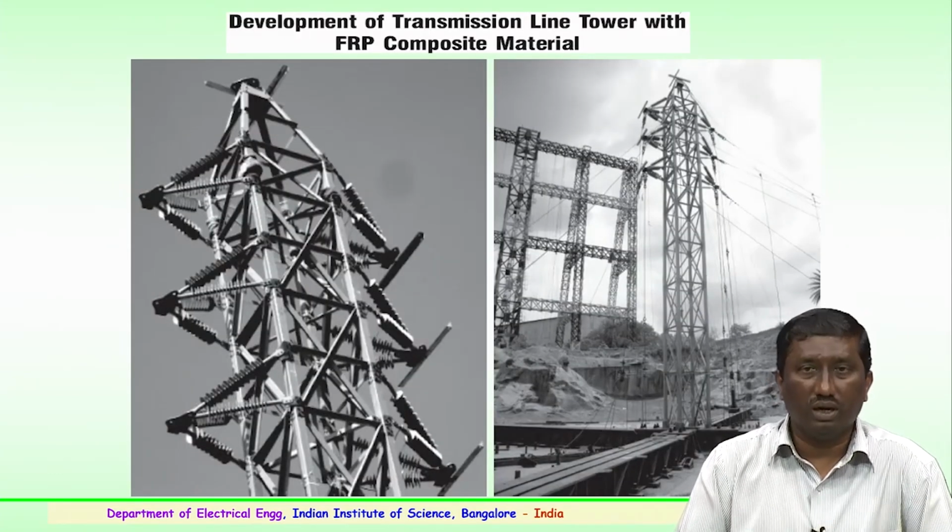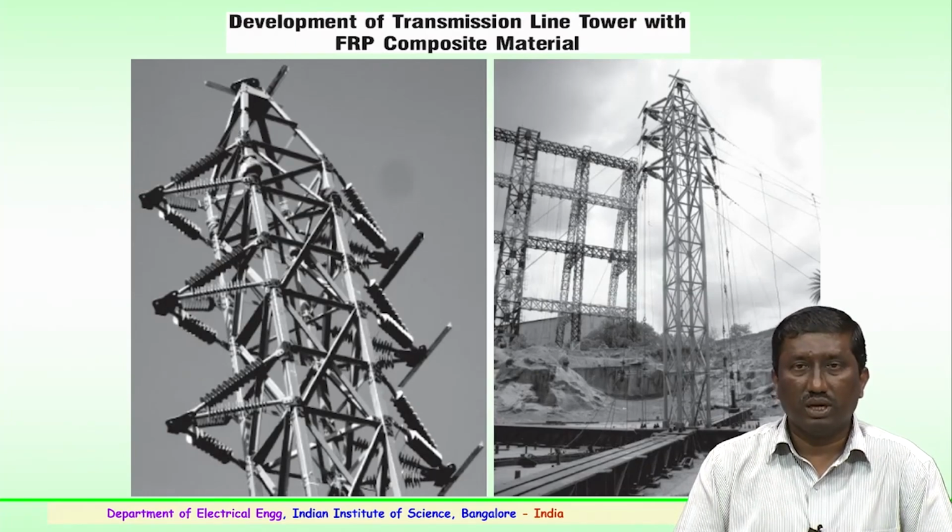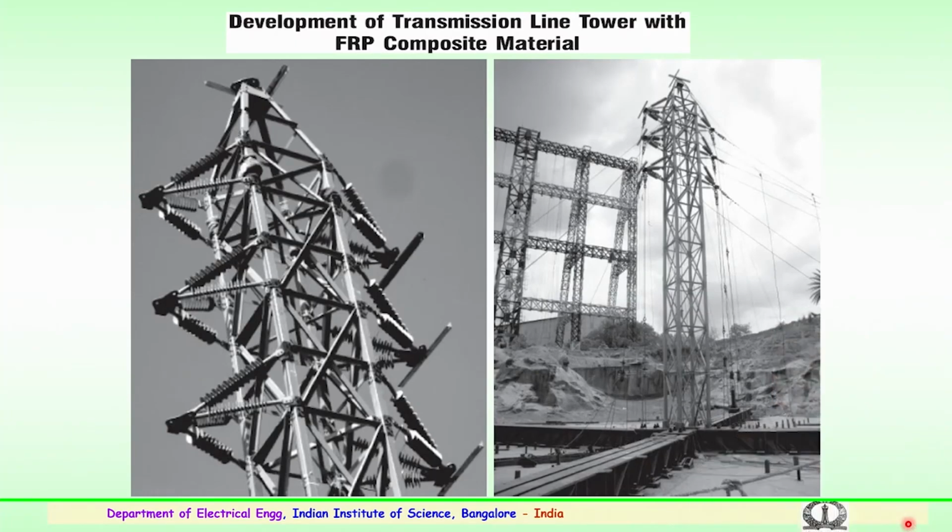So, some developmental aspects, particularly for transmission line towers. A lot of changes are happening, and a lot of research activity is being conducted to bring down the mechanical strength requirement and steel structure. Composite types of materials are also being tried out for high voltage towers, so that the weight of the material could be reduced and the tower economy improved, not only the construction, the mechanical load, but the cost could be reduced.